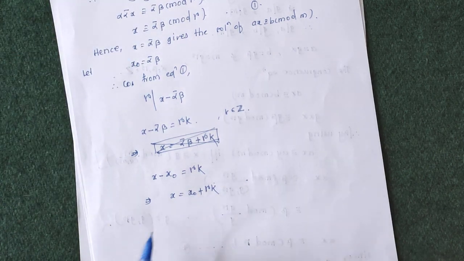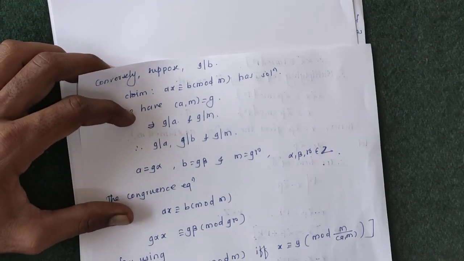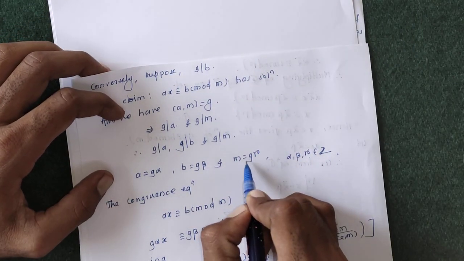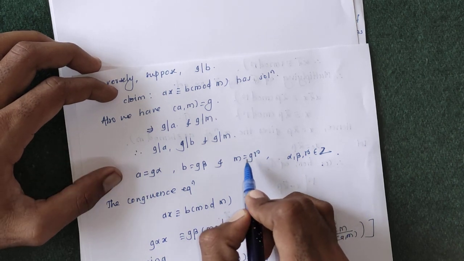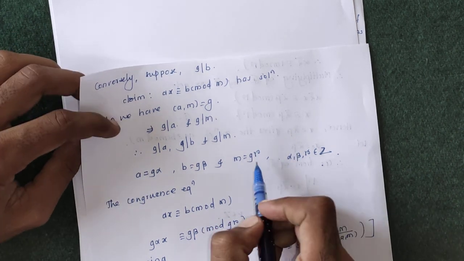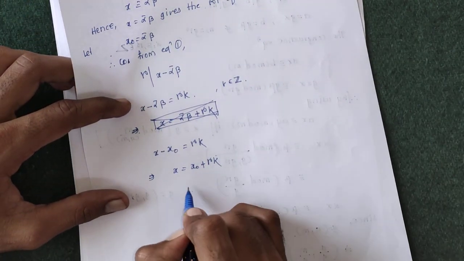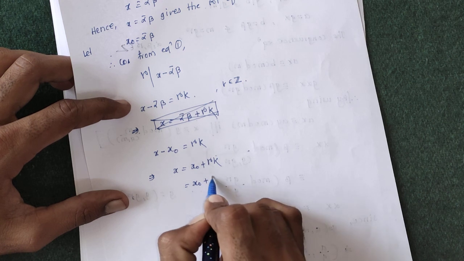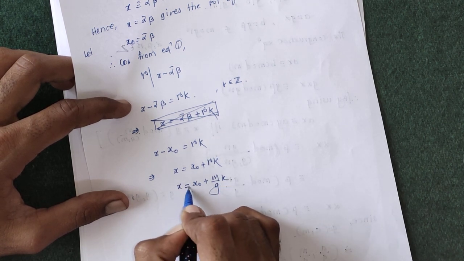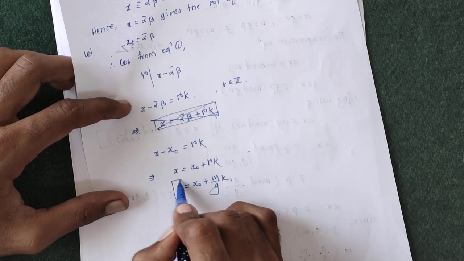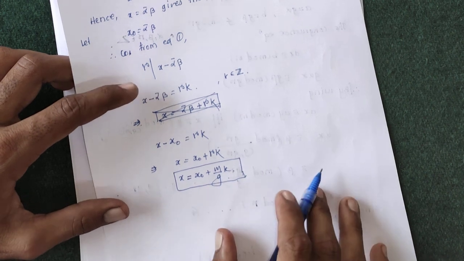By this equation we have m equals g gamma, so gamma equals m upon g. Putting the value of gamma equal to m by g, we get x equals x naught plus m by g times k. That is, our solutions form an arithmetic progression with common difference m by g.